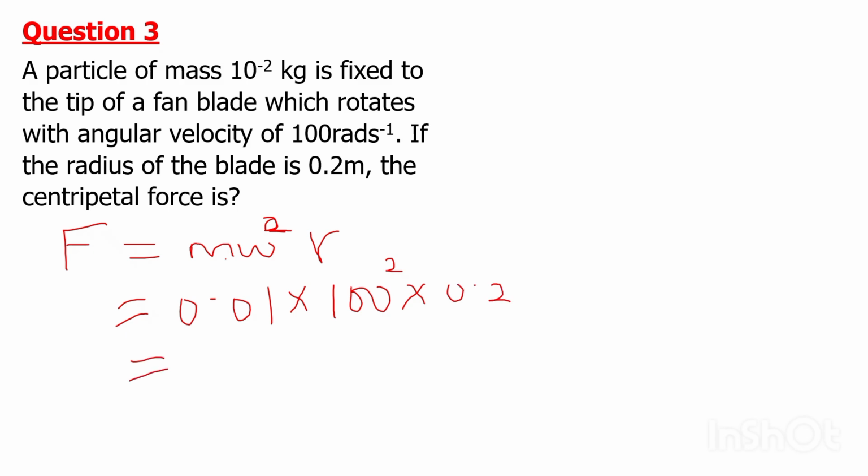You see how easy this is. Once you know all the parameters you're given, you will find it very easy to solve questions on circular motion. So the final answer will be 20 Newton.